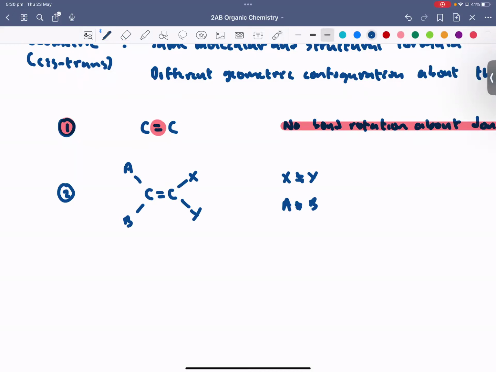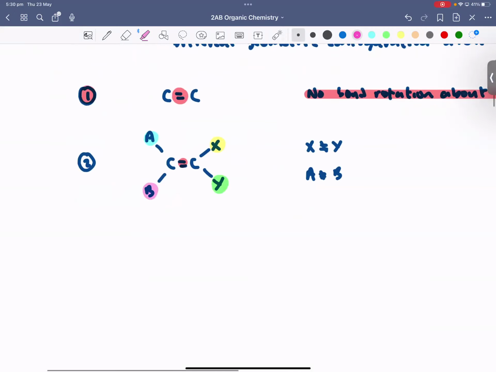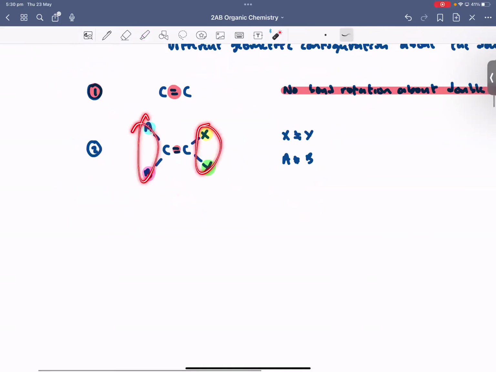X cannot be Y and A cannot be B. So this must be different to this, and this here must be different to this here. Otherwise, you can't have geometric isomerism. Okay, so for example, guys, that's requirement number two. You need the 4 different things right here.